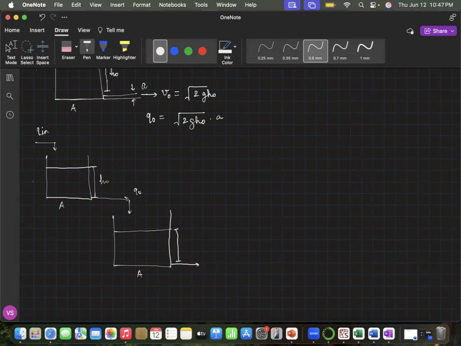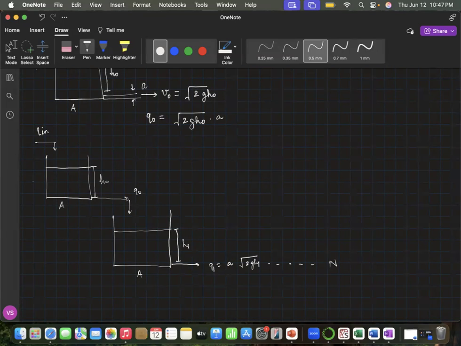If this height is h1, I could very easily say that q1 is a times square root of 2g h1, and so on. There could be multiple, let's say, n such tanks connected in series.